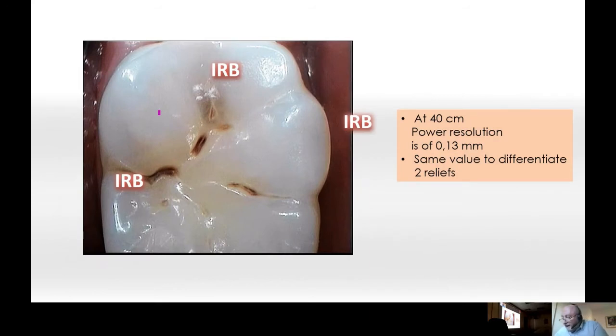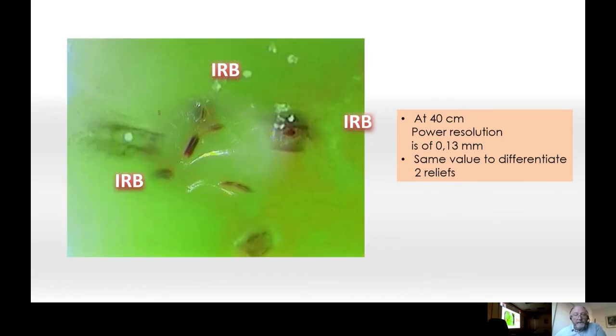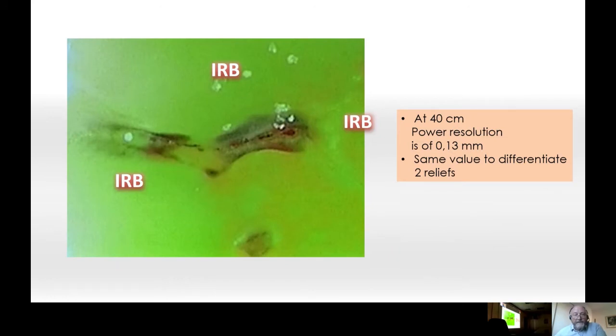So let's have a look at the fissure detail and information retrieved thanks to the combination of magnification and fluorescence. Fissure inside fissure were revealed. Let's see the picture in fluorescence, and then we increase the magnification. And then after cleaning, you can see that there is inside the groove some other point of entry.